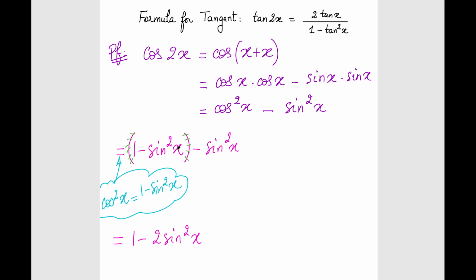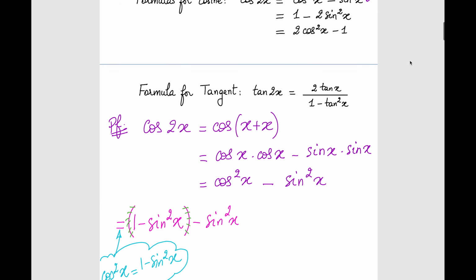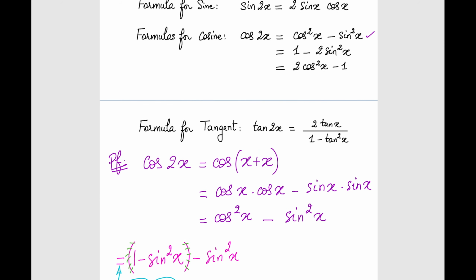So 1 minus sine squared x minus sine squared x is 1 minus 2 sine squared x. Minus something minus itself is minus 2 times the thing. All right, so this takes care of this one, right?